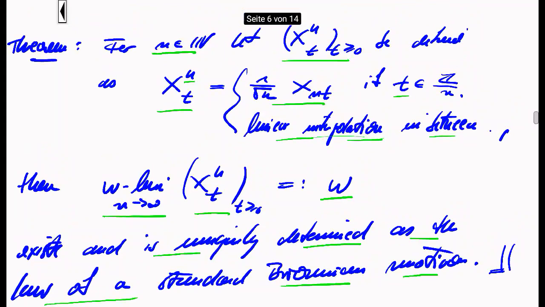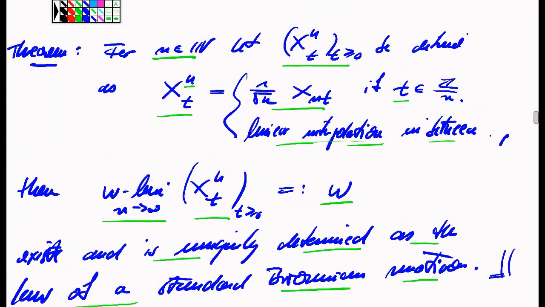So, in fact, this theorem has two statements which are combined into one statement. Namely, one is that the sequence of continuous-path-valued random variables has a limit, which then is, by definition, a probability law on the set of continuous paths.